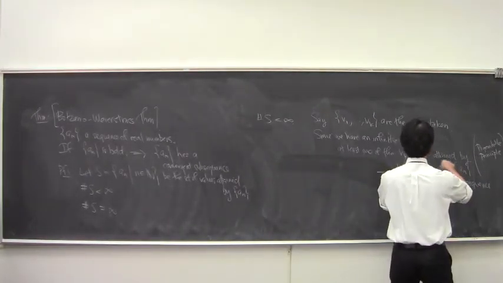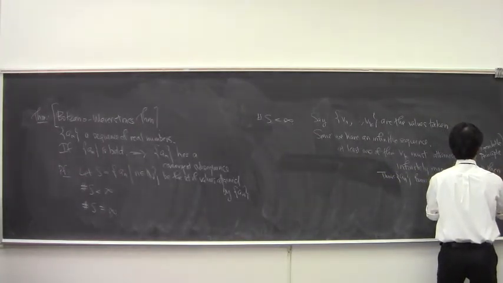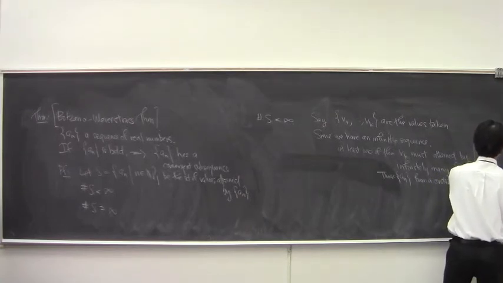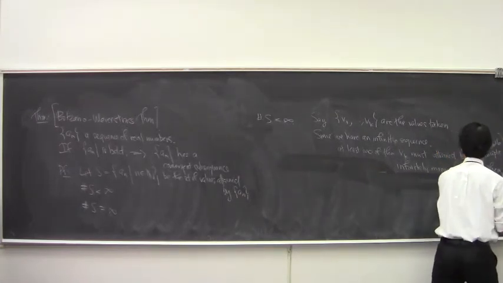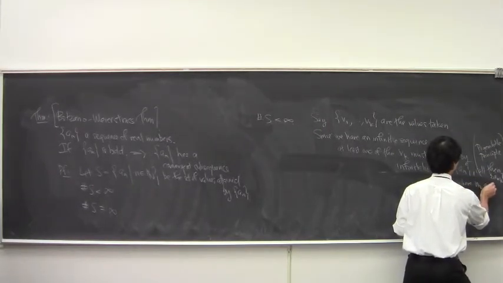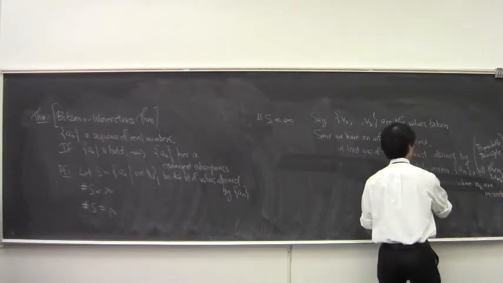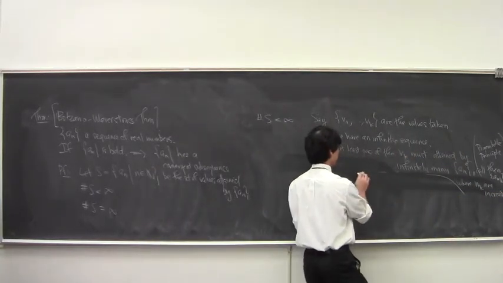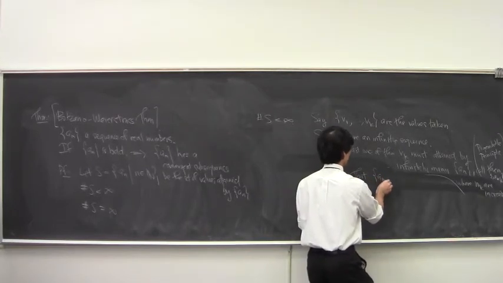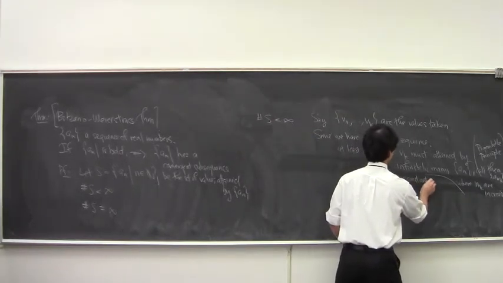Right, so attained by infinitely many a sub n, call them a sub n k, where the n k are increasing. And then that a sub n k is a constant subsequence.